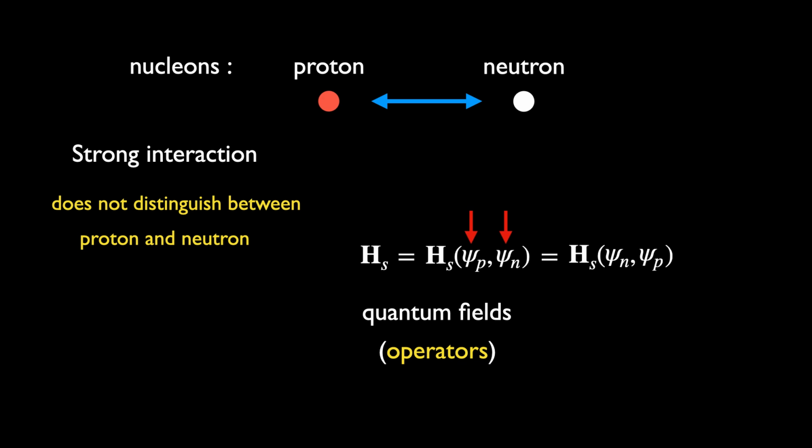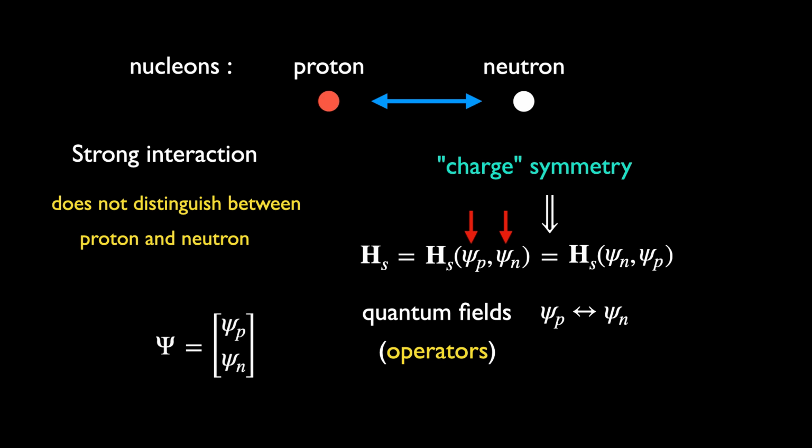The strong Hamiltonian is one such observable. The symmetry between the proton and the neutron is expressed as the symmetry of this Hamiltonian when the associated fields are exchanged. This is also known as the charge symmetry because a unit of electric charge is exchanged between the proton and the neutron. Let's treat these two fields as different components of a single field, capital Psi, forming a doublet.